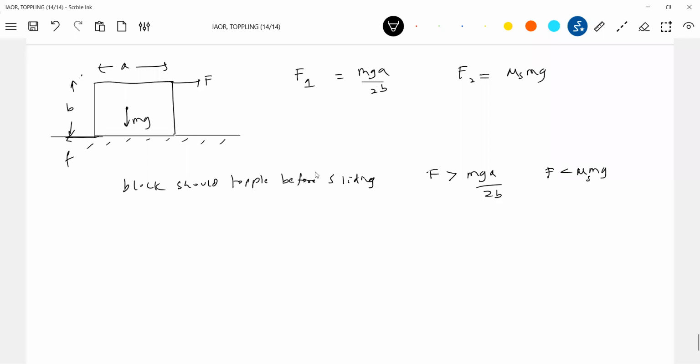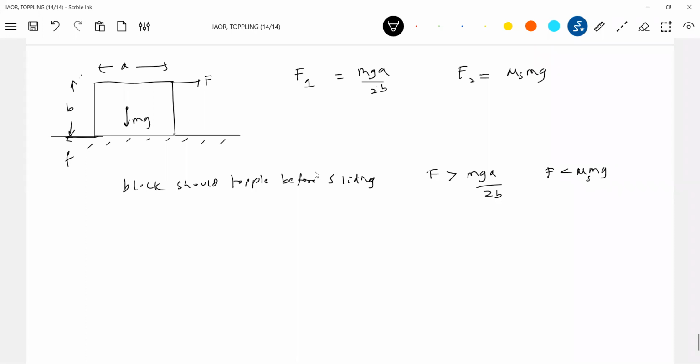I think it's quite straightforward. Do we have to take the help of any concept, or can we tell just by looking? F should be equal to mg a by 2b.